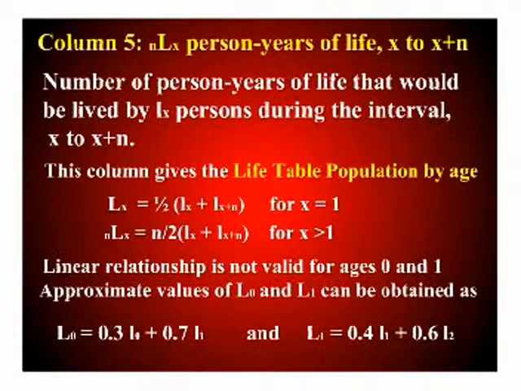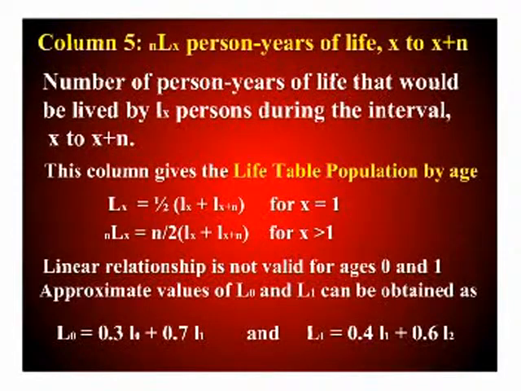For an abridged life table, the value nLx equal to n by 2 into lx+n, where x is greater than 2. Since the death rates are higher in the initial ages of life, the linear relationship is not valid for the ages 0 and 1.